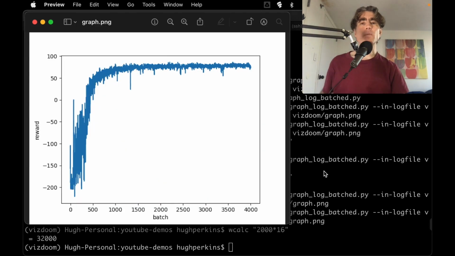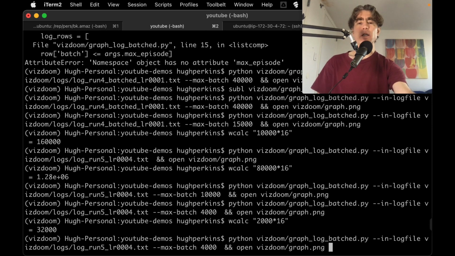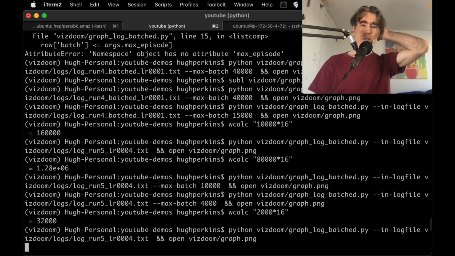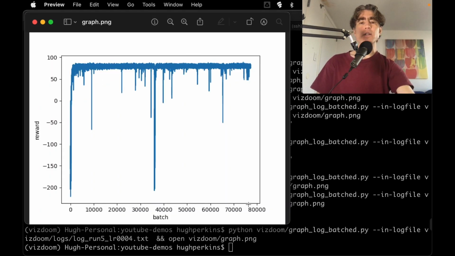All right, so if we make the learning rate 4 times higher, it learns about as quickly as when we did it per episode, but it's much more stable. Basically, if I take away the max batch, it's gone up to 80,000 batches, which, as we said, is 1.2 million episodes. Whereas before it fell over after about 100,000 when we were doing per episode.